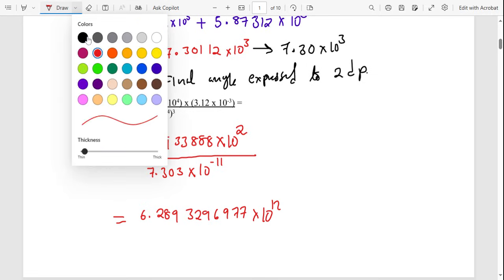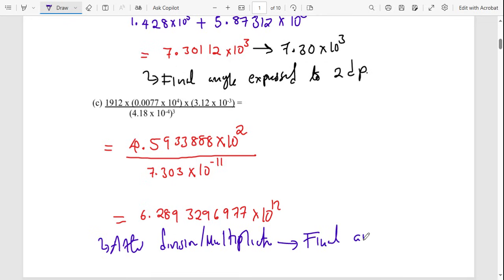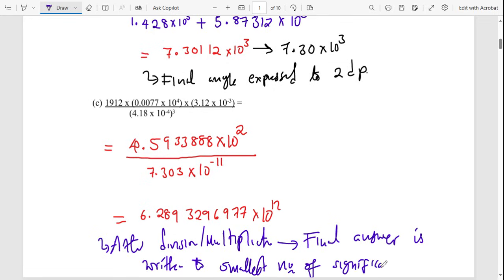But what you need to know is that for division and multiplication, the rule is different. So after division or multiplication, the final answer is written to the smallest number of significant figures.